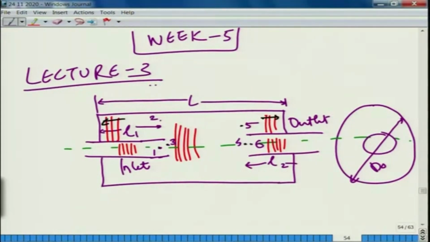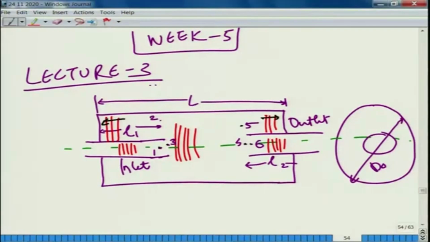There is no difference between the diameters, and they are uniform across the length, that is, it is a simple cylindrical pipe. So, the transmission loss of the pipe element itself is 0, because we can easily see from the analytical expression for the transmission loss of a simple expansion chamber, if you put m is equal to 1, that is, there is no expansion, we will get TL is log of 1, that is 0.